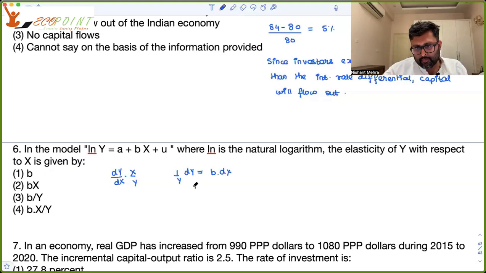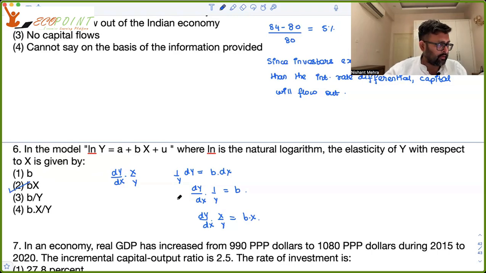So dy by dx times 1 upon y equals b. In order to get the elasticity, you have to multiply both sides with x. So I think it should be b into x.